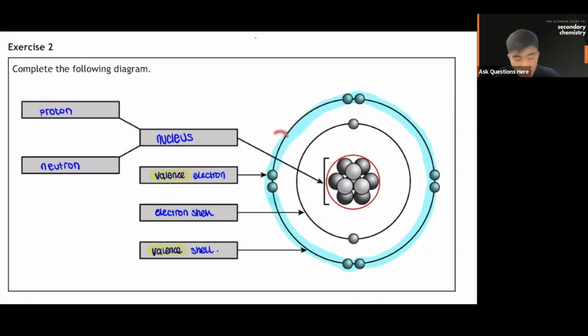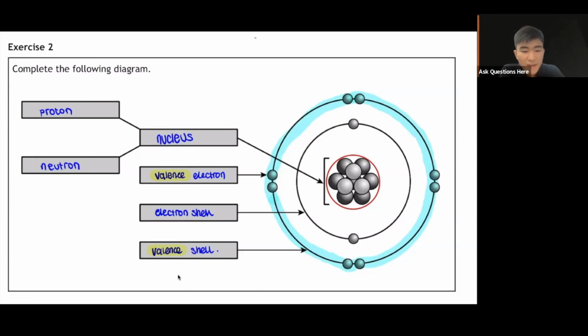What about the shell on the outside? The outside is known as the valence shell, right? Just now we said that the outermost shell is known as the valence shell. And the electron found in the outermost shell is known as the valence electron. Is that okay, everybody? So valence electron and valence shell.